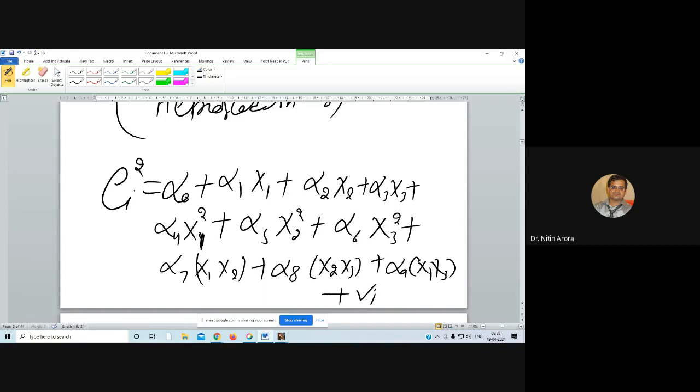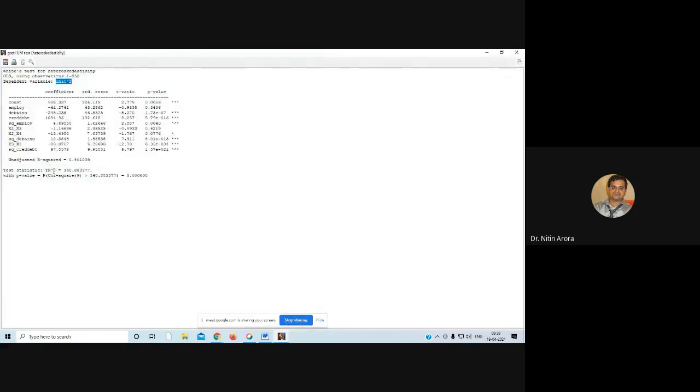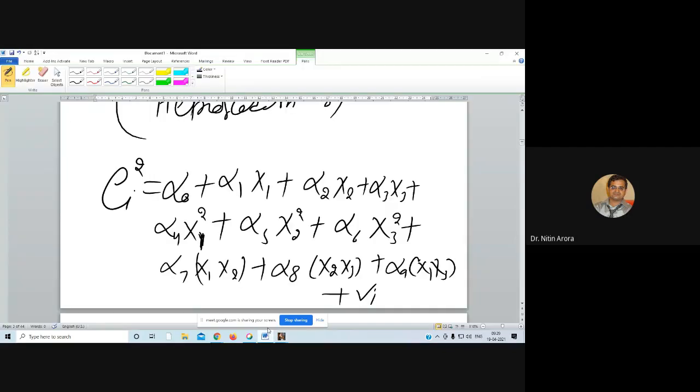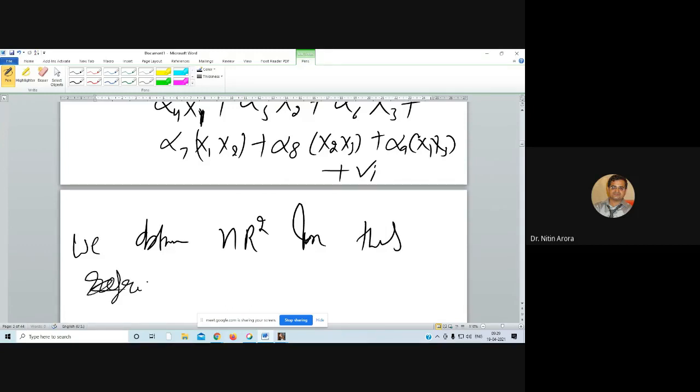vi. vi is the residual of this regression. So we are estimating this auxiliary equation. When this auxiliary equation is estimated, then what happens? We obtain n into r square for this auxiliary equation.